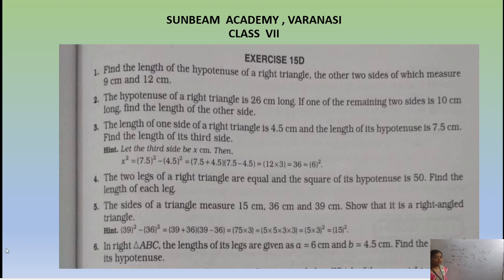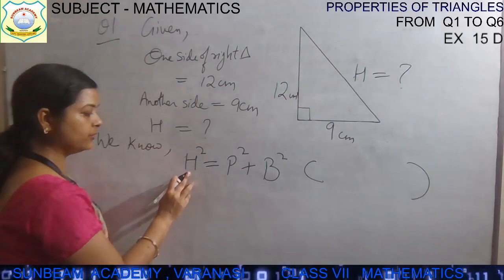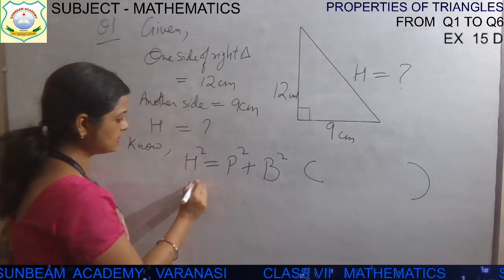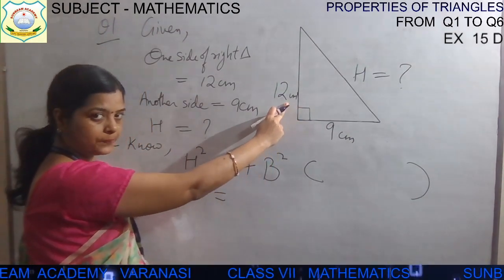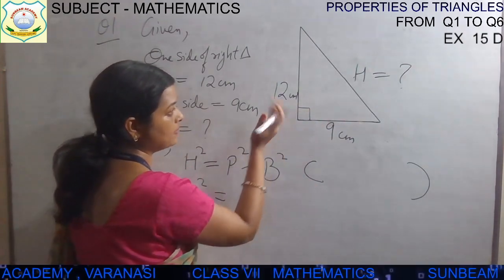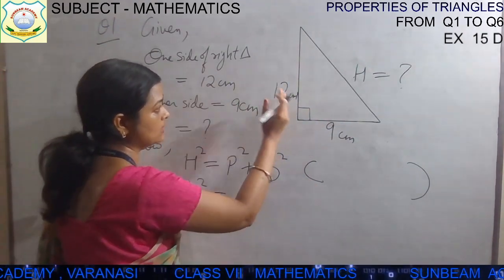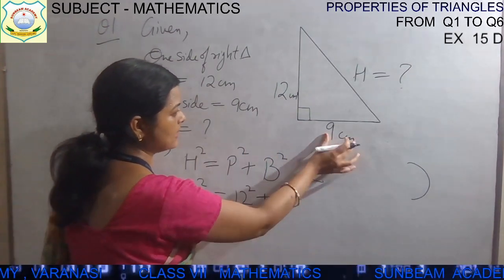You have to find the hypotenuse. Now, hypotenuse we don't know, so keep it as h square. You can take any one of the sides as perpendicular, but right now I have taken it as the perpendicular side. So 12 square plus base is 9 centimeter.